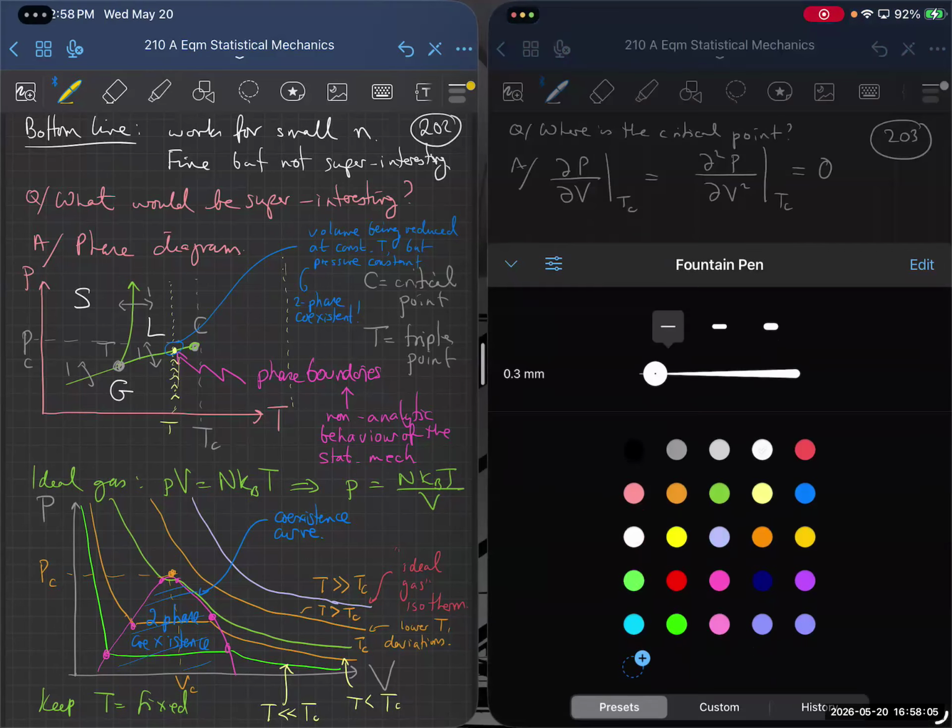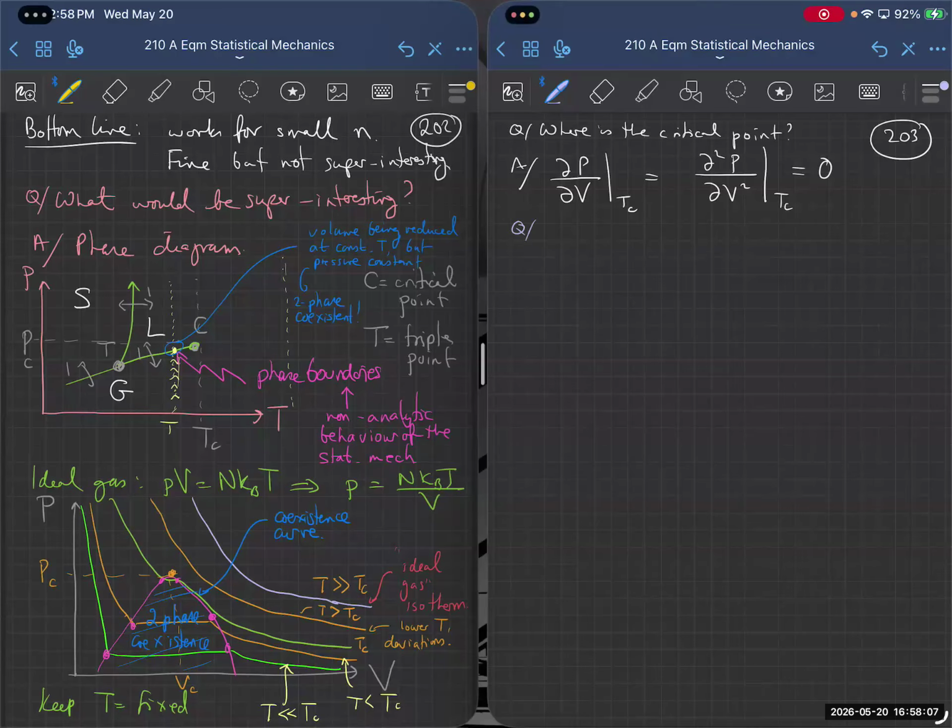So now the question is, can the cluster expansion predict TC? And the answer is, kind of. Let me show you the answer. I'm going to draw a little table.